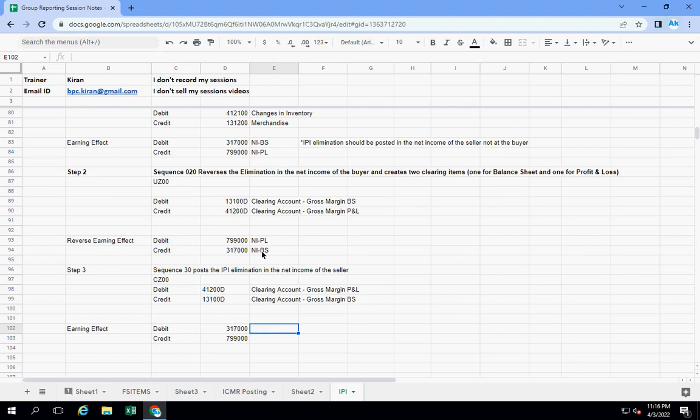So this is my net income balance sheet. If you observe at the end of the entries, these two are gone, and this net income is reversed in the buyer unit. So my mercantile account in the buyer is adjusted with 2000 and my net income in the seller unit is adjusted with 2000.